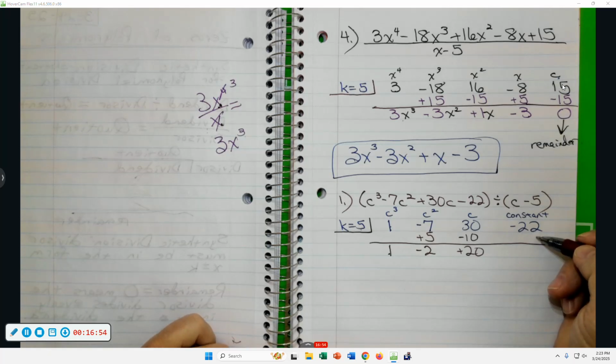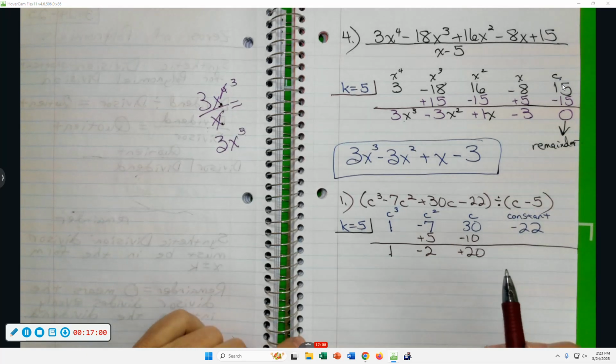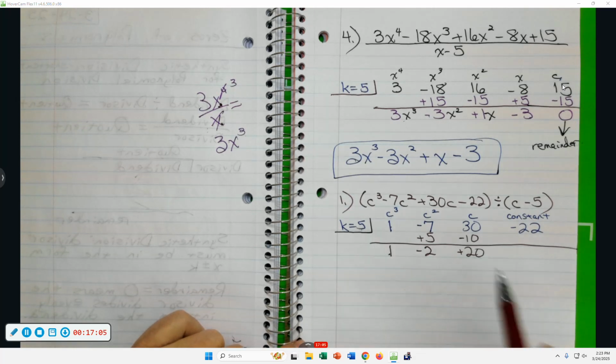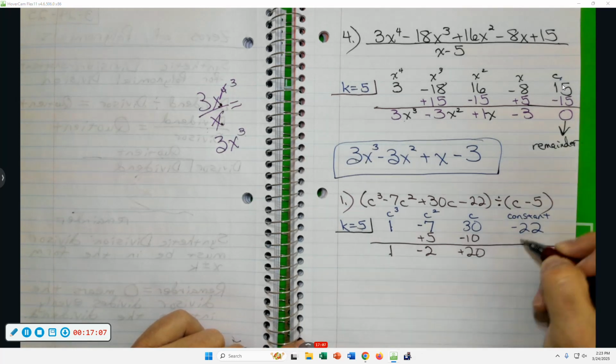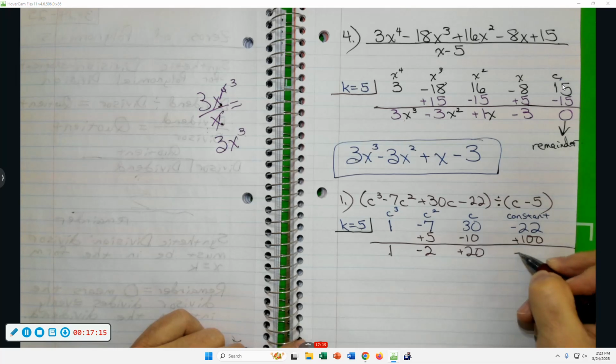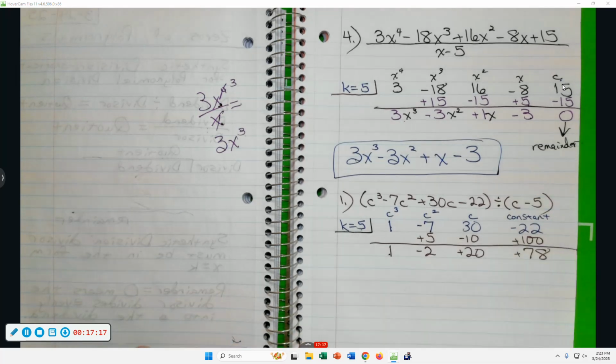What number will go right here? Positive 100, 5 times positive 20 is positive 100. Negative 22 plus 100 gives me a positive 78.